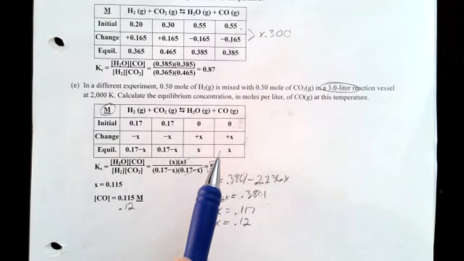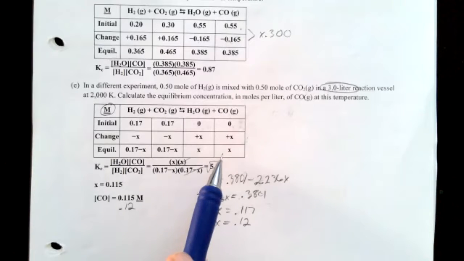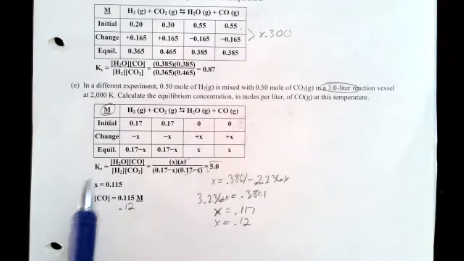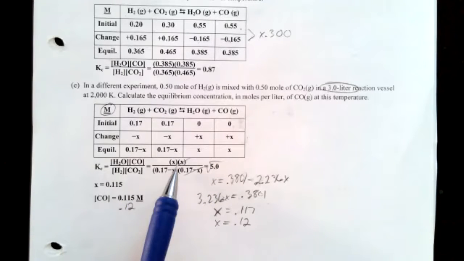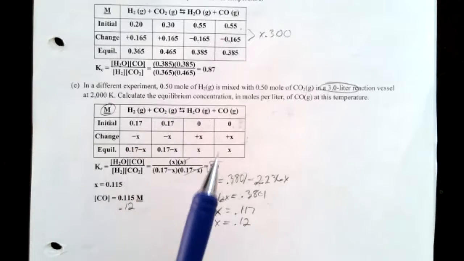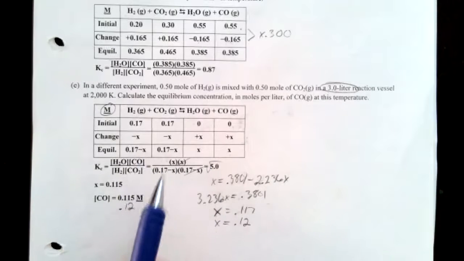And we haven't done a lot of that. So is that working? Can I get a yes or no out of both of you? Yeah. Yes. Okay. So K will be these amounts, products over reactants, to the power of the number in front, but all the exponents again are 1 because we're starting off kind of easy. And so we will have X times X on the top and this times that on the bottom.